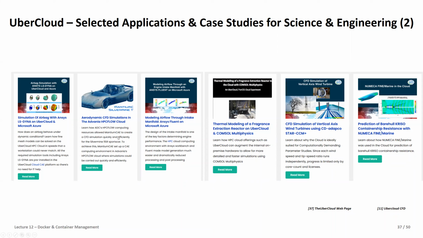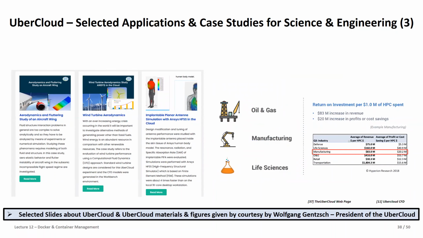If you have interest to work in this field, there are lots of companies that require experts in these areas. Now, as I said, wind turbines, aerodynamics, creating aircraft, this is all a big enterprise. And just to give you some numbers, when you think about manufacturing, which is here savings per HPC, what is the profit by doing this, right?